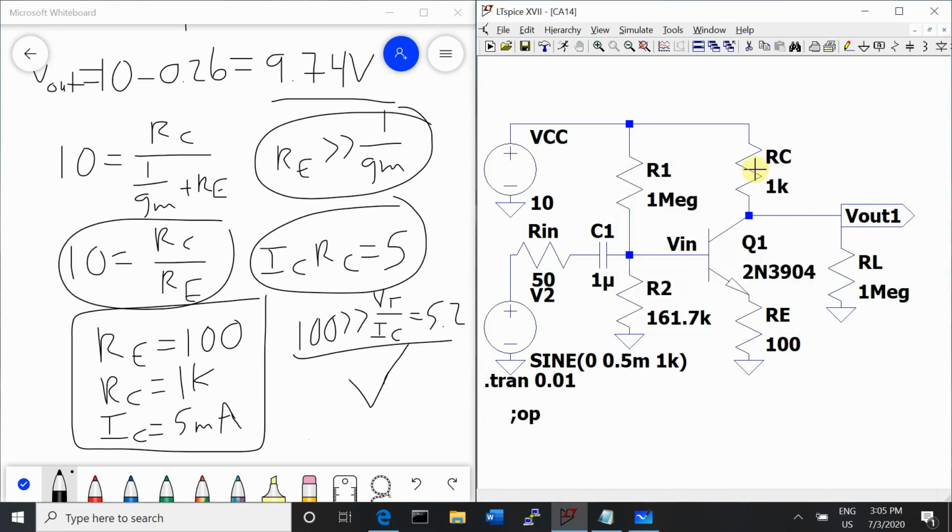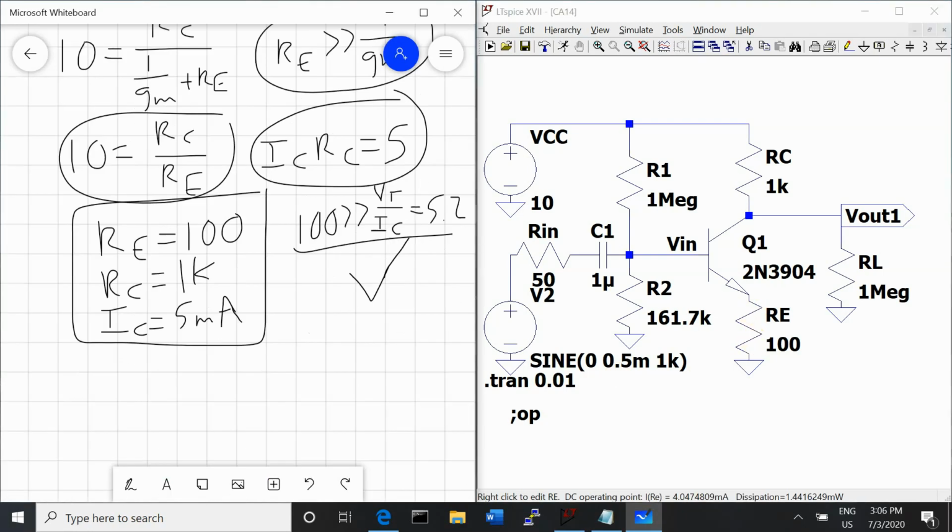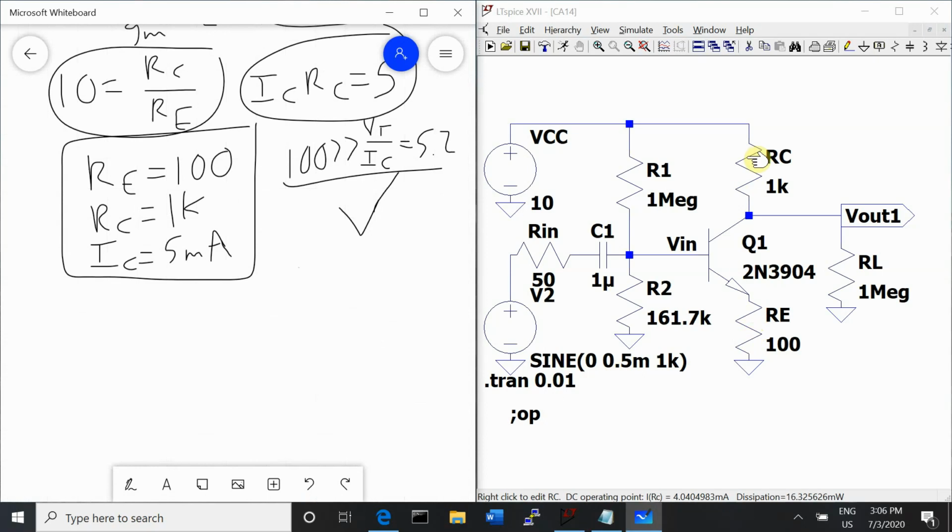RC as 1K, and then for our input, our AC input voltage amplitude, we're going to evaluate that to figure out what will give us the maximum output voltage amplitude that we're looking for. So with an RE of 100, if IC is 5 milliamps, the current is the same across RE that it is across RC.